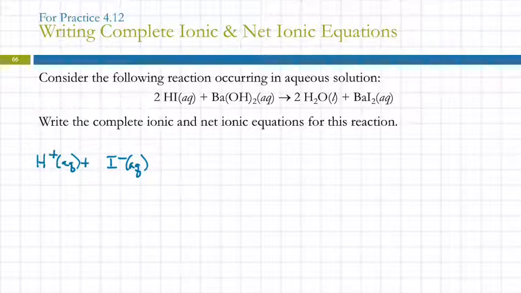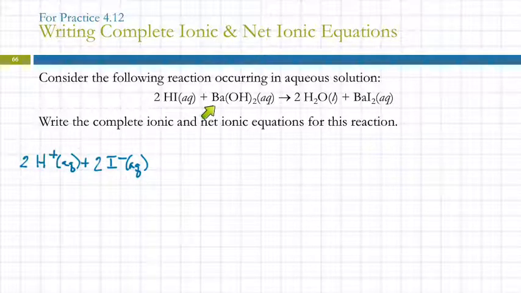If you need help, please ask. There are 2 of those. We can balance it as we go along, or we can balance it later. I prefer to balance it as I go along. There's 2 of those units, so I'm going to end up with 2 hydrogen ions and 2 iodide ions from those 2 units.